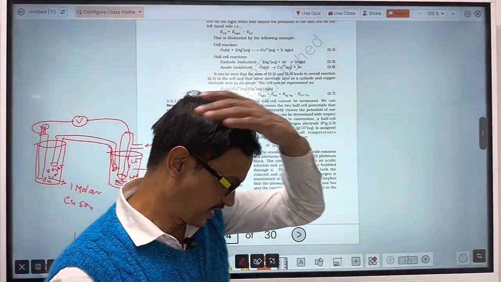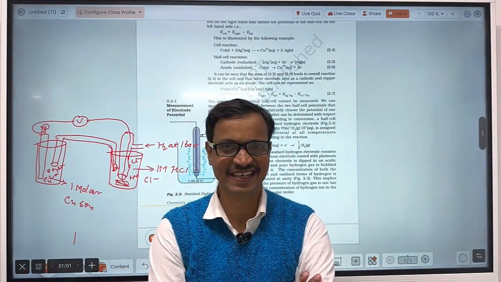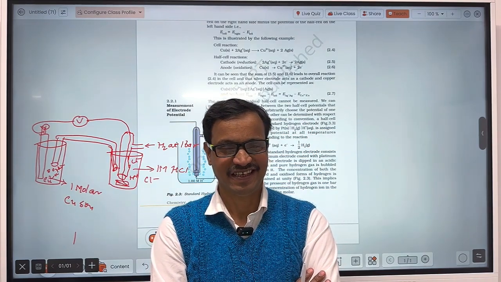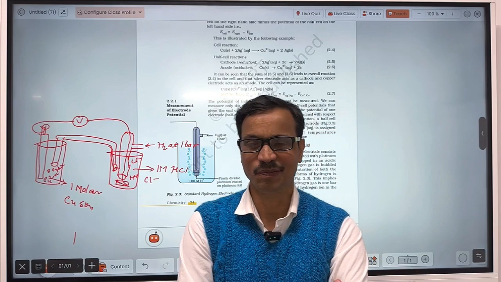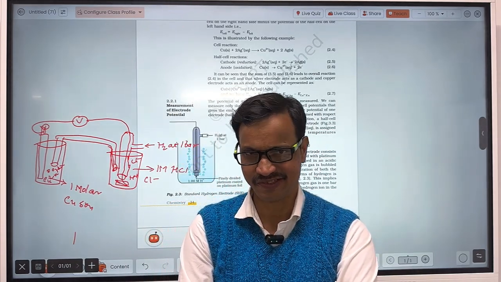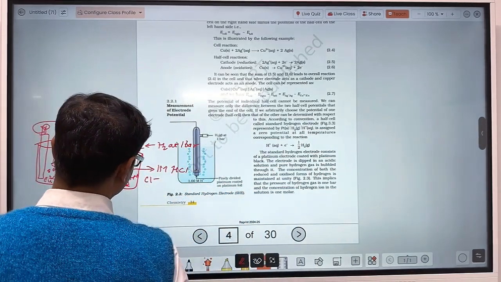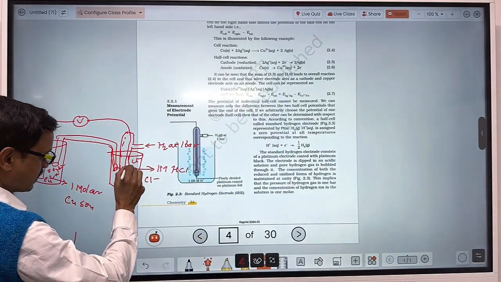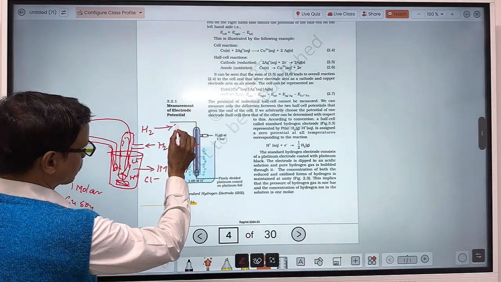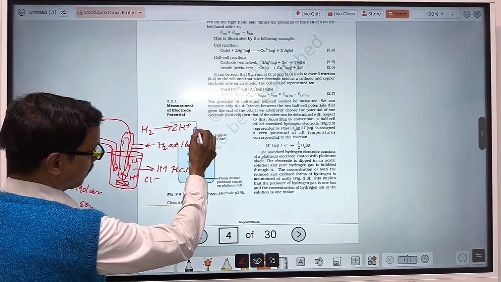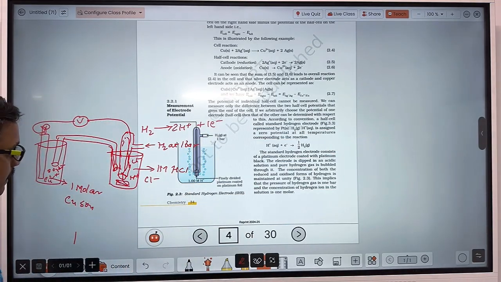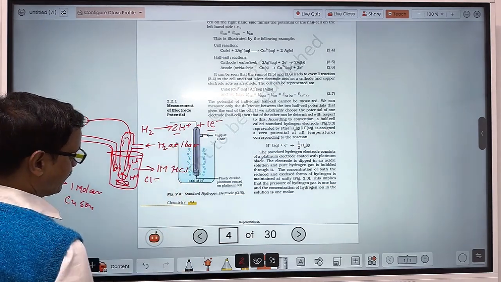Among hydrogen and copper, hydrogen has the greater tendency to lose electrons. So inside this tube the hydrogen H2 will lose electrons, forming 2 H+ ions and 2 electrons.